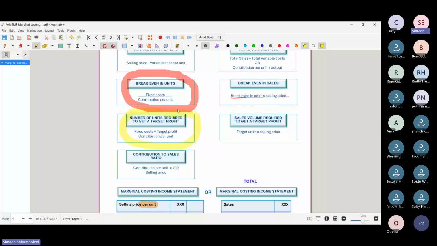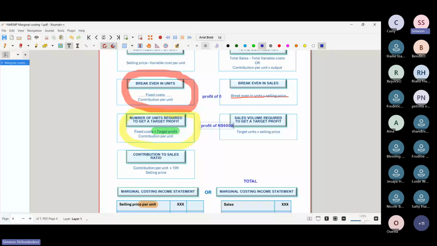It only has a difference here, because this formula gives profit of 0. This formula gives profit of 60,000. In our question, it's profit of 60,000.